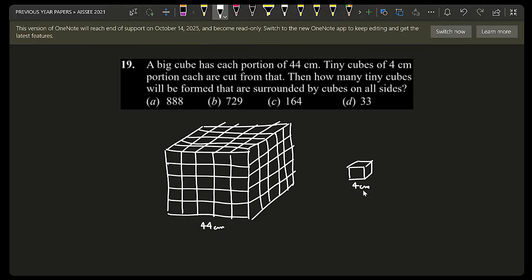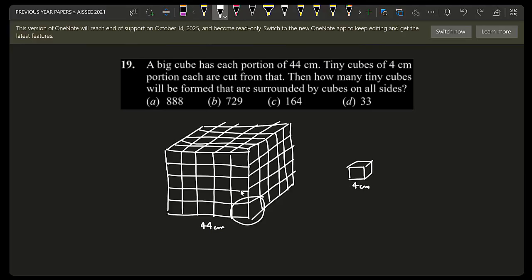Now, what is the question? We have to find the number of cubes which are surrounded by cubes on all sides. For example, consider the cube on the corner. Is it surrounded by cubes on all sides? No, because outside of that cube there is no cube, that is empty space.